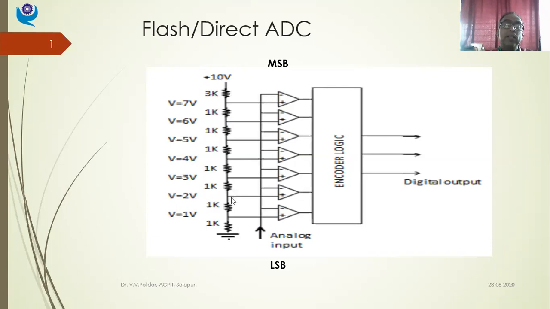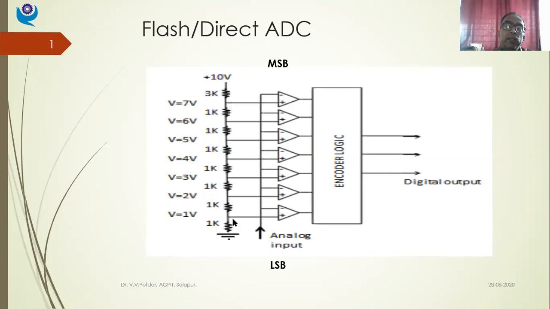This is called the resistance ladder. At each step, we have 1 kilo ohm, 1K, 1K, 1K, 1K, up to the 7th step. And after the 7th step, to reach my 10 volt, I have a 3K resistance. This is as per my 0 to 10 volt requirement.